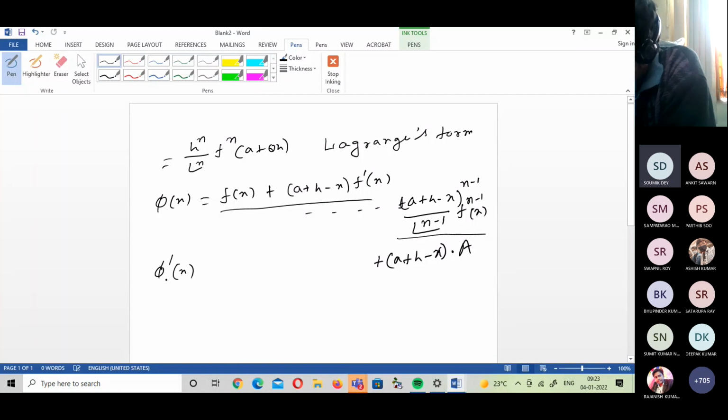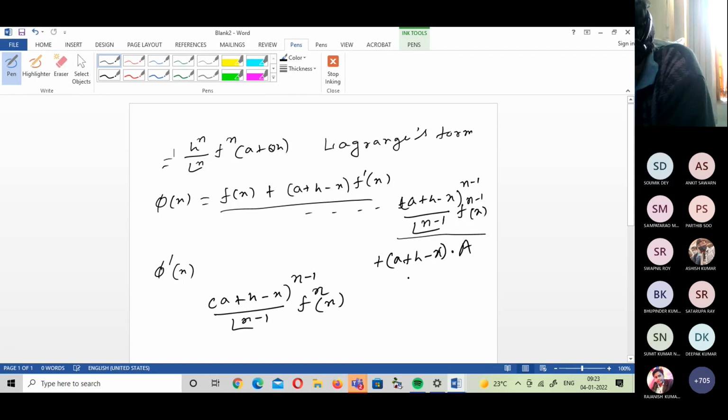What will remain? A plus h minus x to the power n minus 1 by factorial n minus 1 f n of x, and the derivative of this will be minus 1 minus A, that equals 0.